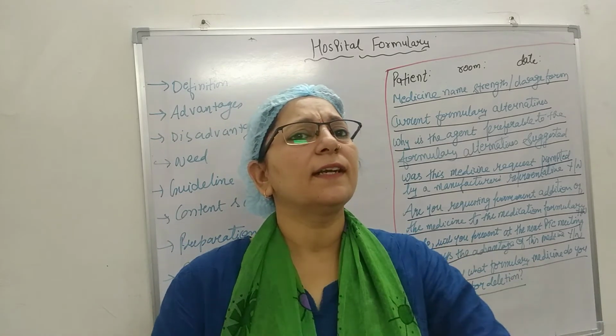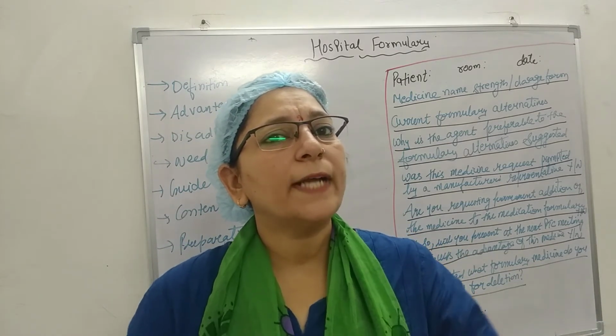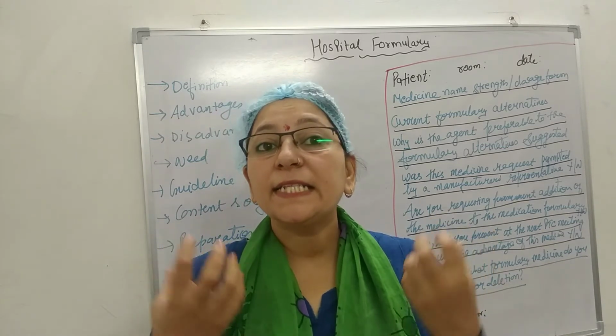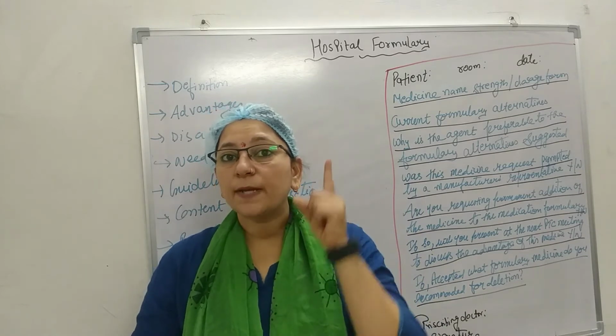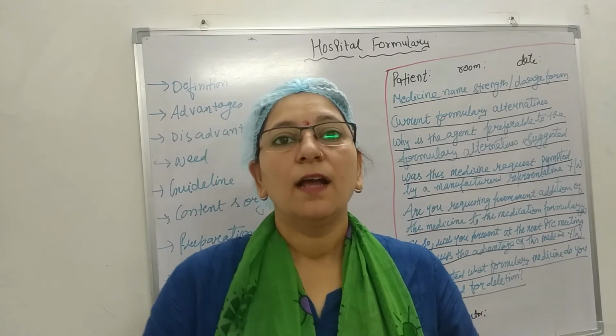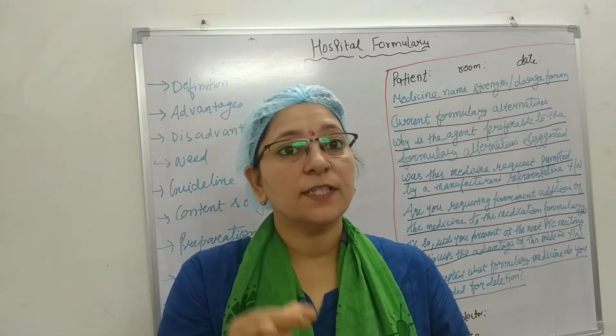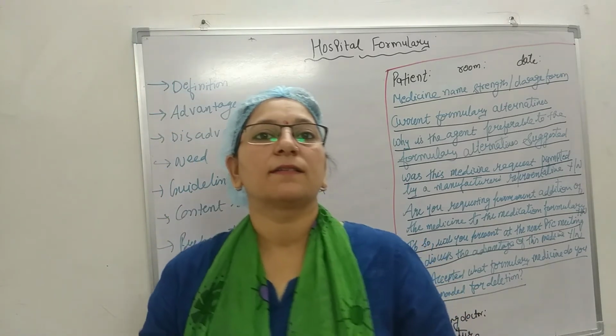Now, what are the restricted drugs? In order to promote and ensure rational use of drugs, the P&T committee approves specific use criteria that must be met prior, means first, to dispensing certain drugs.